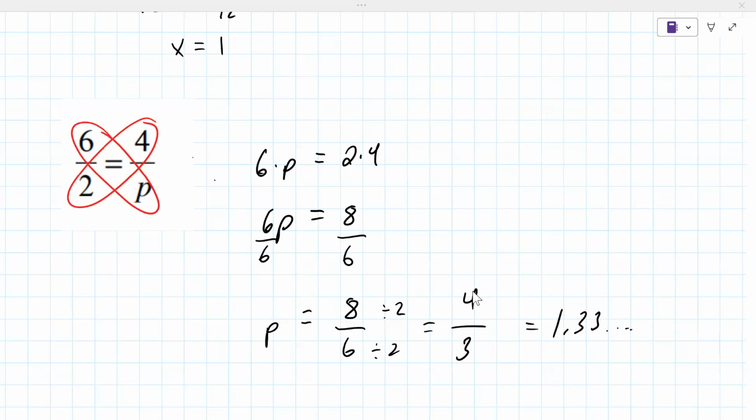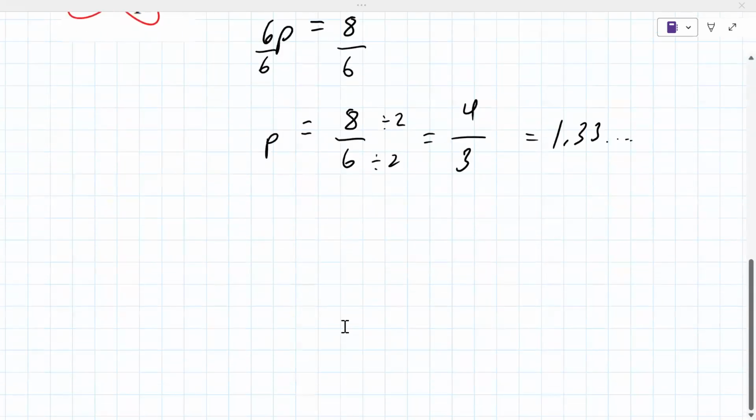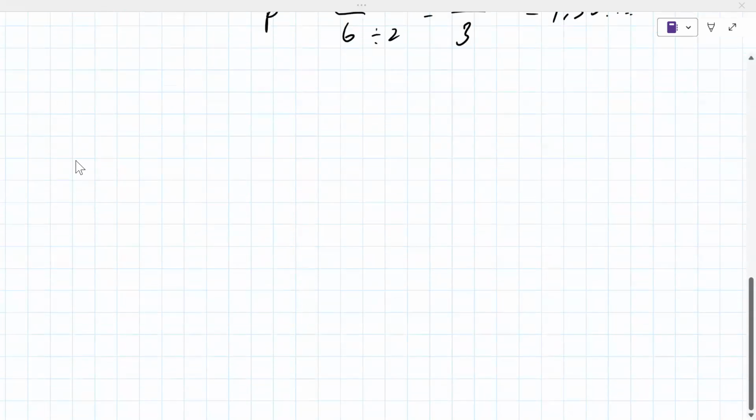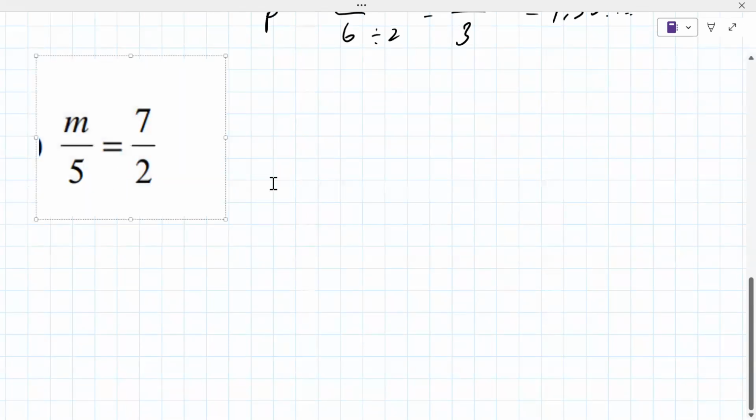I'd like you to try to reduce the fraction if you can. This one, I'll take either the decimal or the fraction.